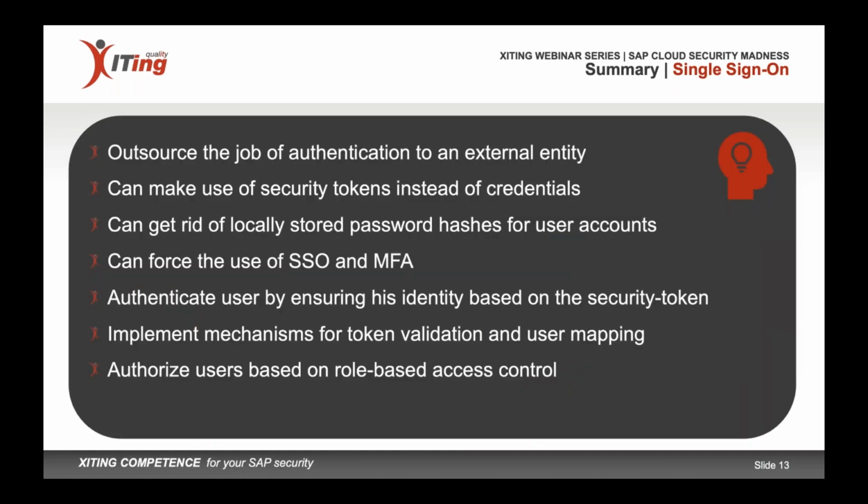That's more or less behind single sign-on. The idea is to outsource authentication to an external system. You receive a security token instead of credentials. That means you also can get rid of passwords that are stored in your SAP systems or in the cloud systems at least. So password hashes are no longer available.